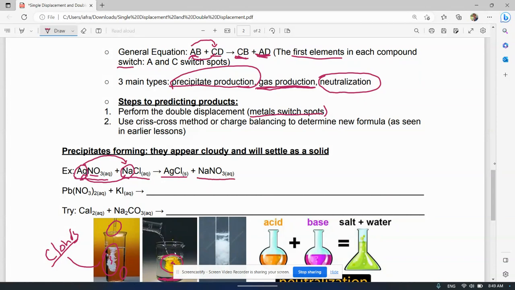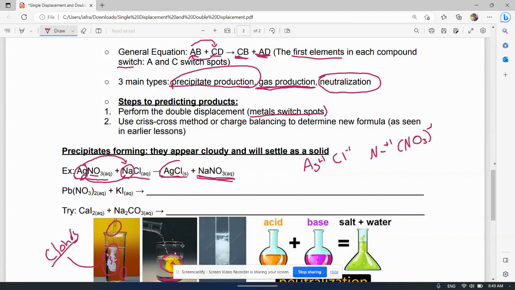The formulas were determined by the crisscross method. So silver, for example, is +1, and chloride is -1. That gives you AgCl. Sodium is +1, and nitrate is -1, and that gives you NaNO3.